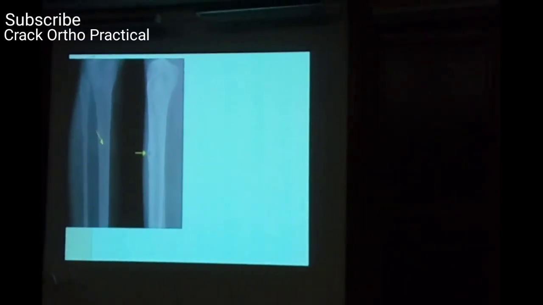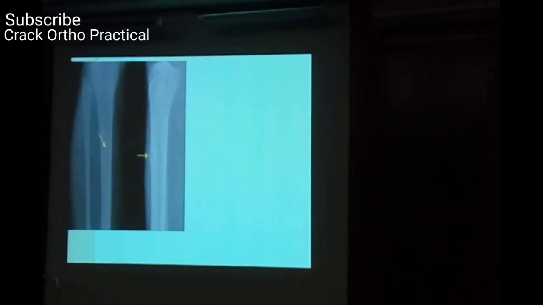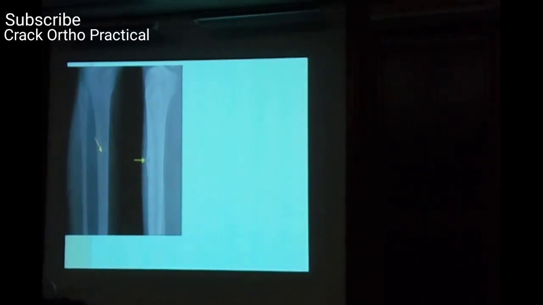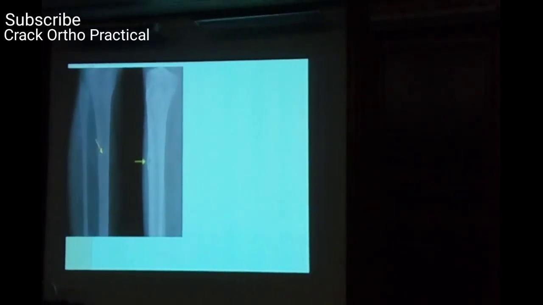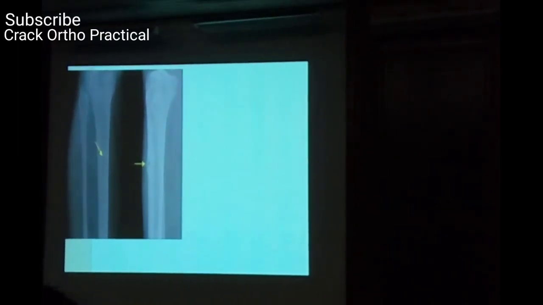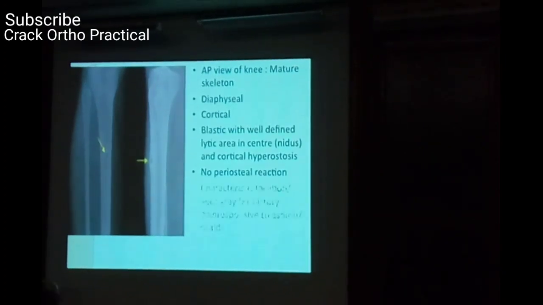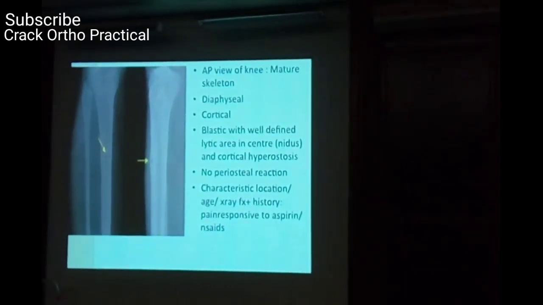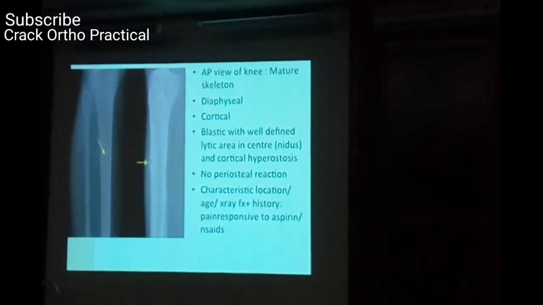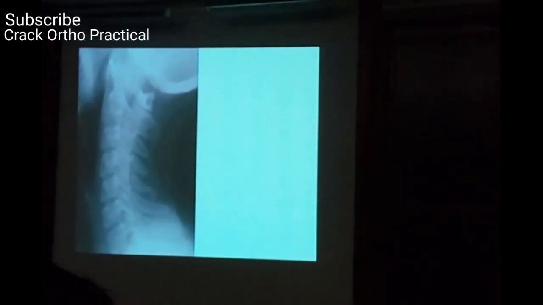Not sure. So maybe an osteoid osteoma. It's an osteoid osteoma, just the way you present it in practice. So basically diaphyseal, cortical, with lytic area in the center and cortical hyperostosis, no periosteal reaction, osteoid osteoma. Next one.